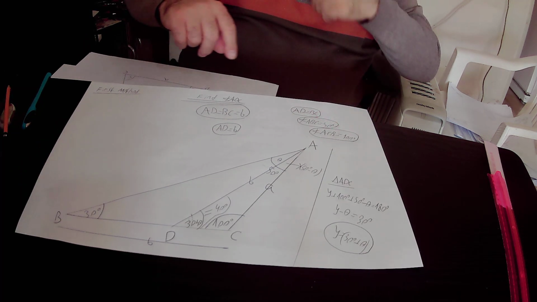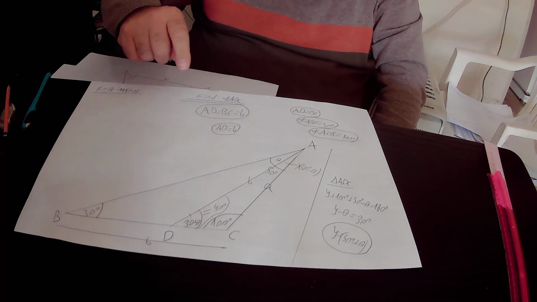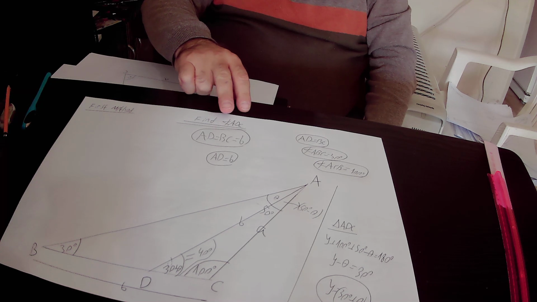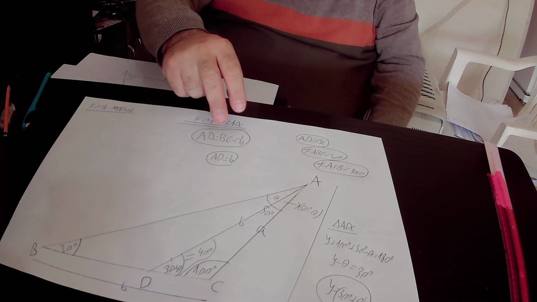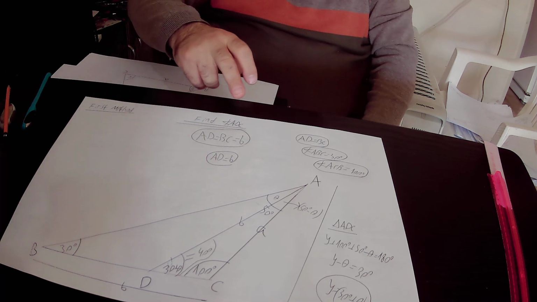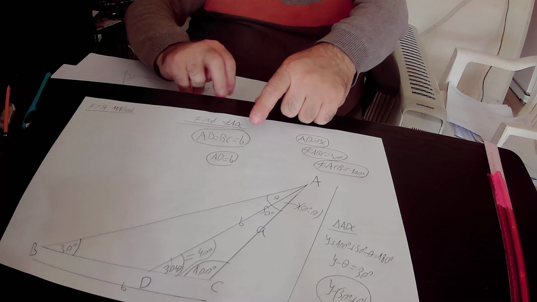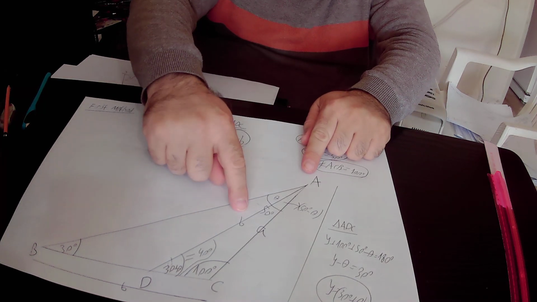We defined side AC as A and side BC as B. According to what is given in the question, AD equals BC. But according to our definition, BC equals B. From this, we derive that AD also equals B. So we can write here that AD equals B.